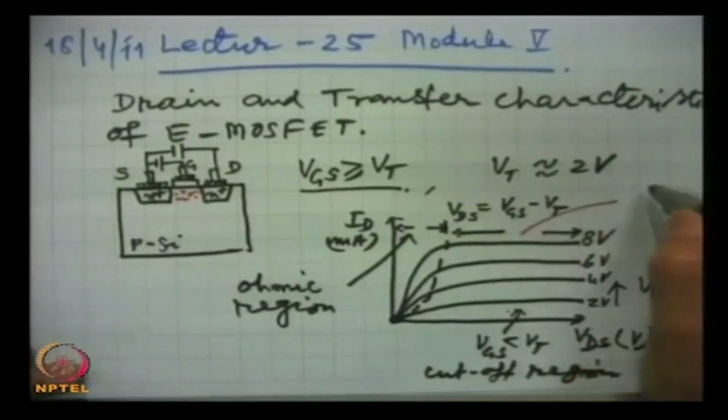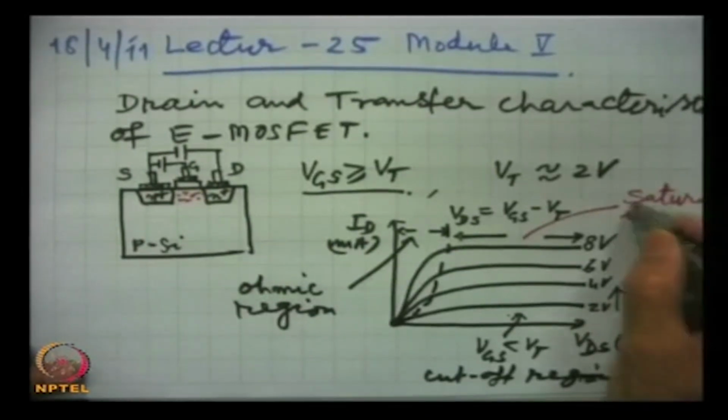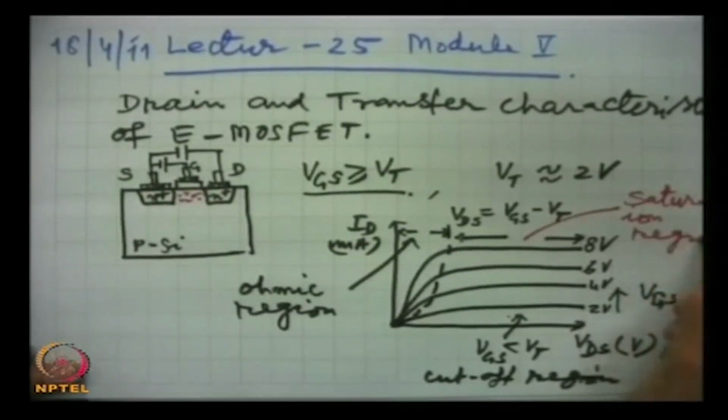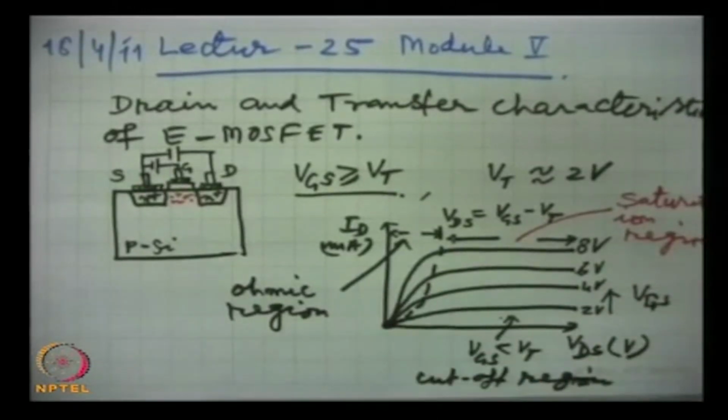So, these are the 3 regions in which we can divide these current voltage characteristics.